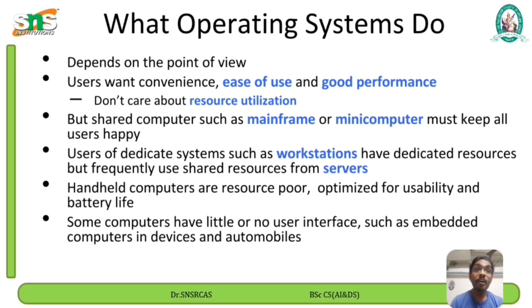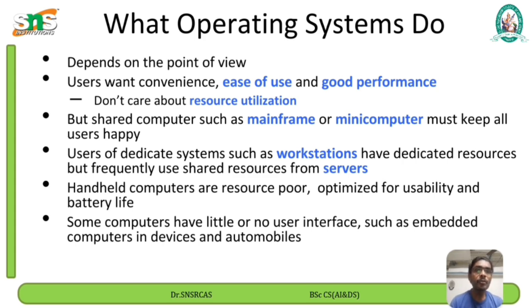And what can an operating system do actually? It depends on how we are looking at it. The operating system's functionalities may differ when looking from the user's view, when looking from the hardware point of view, and when looking from the basic system applications view. This is what we are going to discuss in this slide.